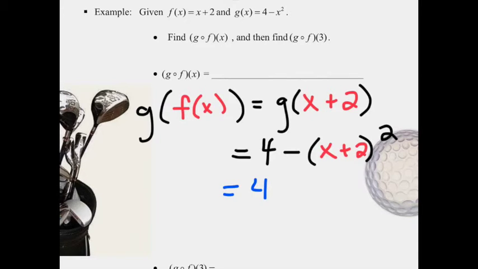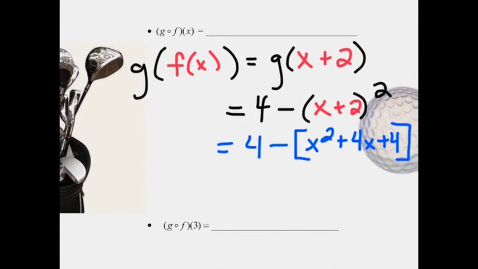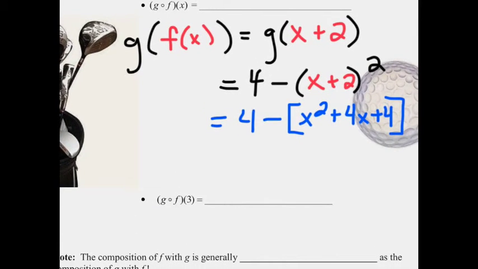So it looks like 4 minus, be careful here because x plus 2 squared means x plus 2 times itself. So you're going to have to FOIL: x squared plus 4x plus 4. And of course I am quick foiling that. If you need a tutorial on foiling, just ask or look that up.